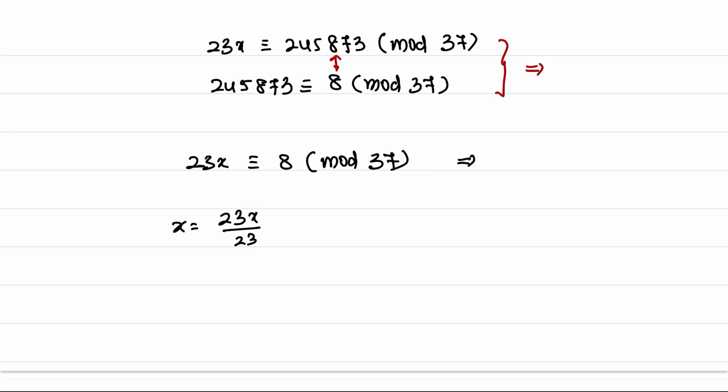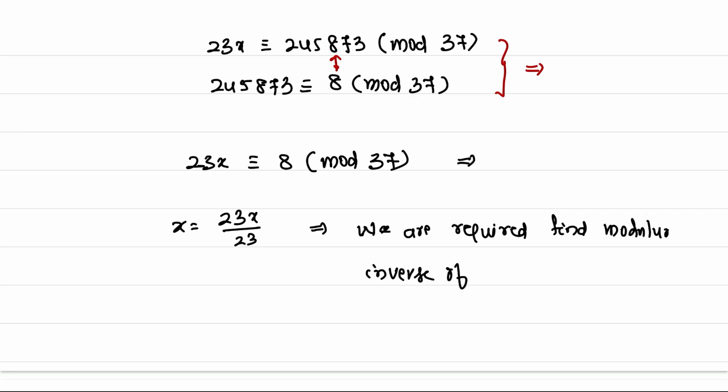In modular arithmetic also, here we are required to find the modular inverse of 23 to solve for x.